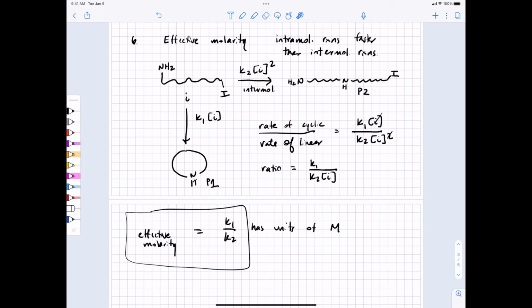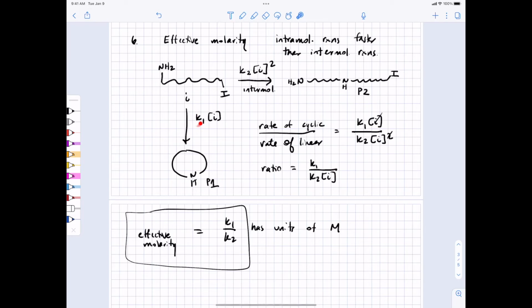All right. Yeah. Is there a way to tell whether it will lead to the cyclic product or lead to the linear product? Right? So you would predict. This is what that ratio means.